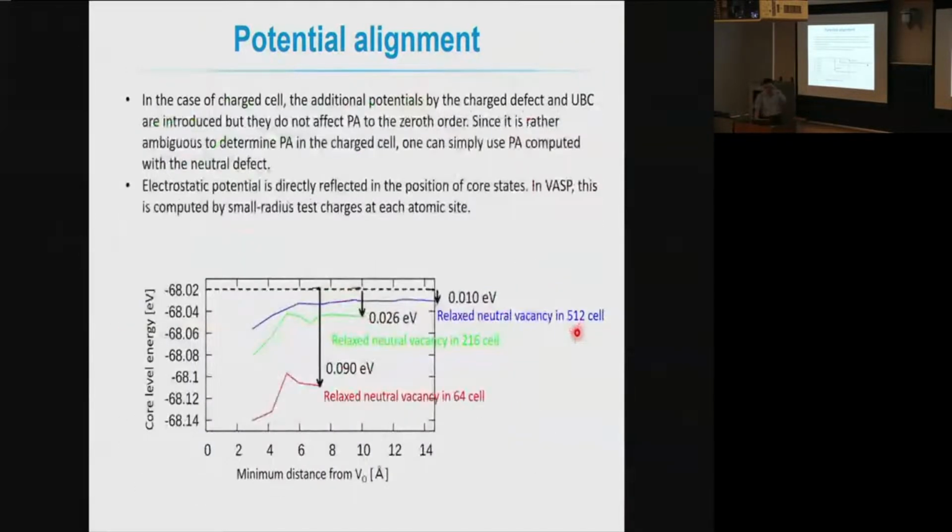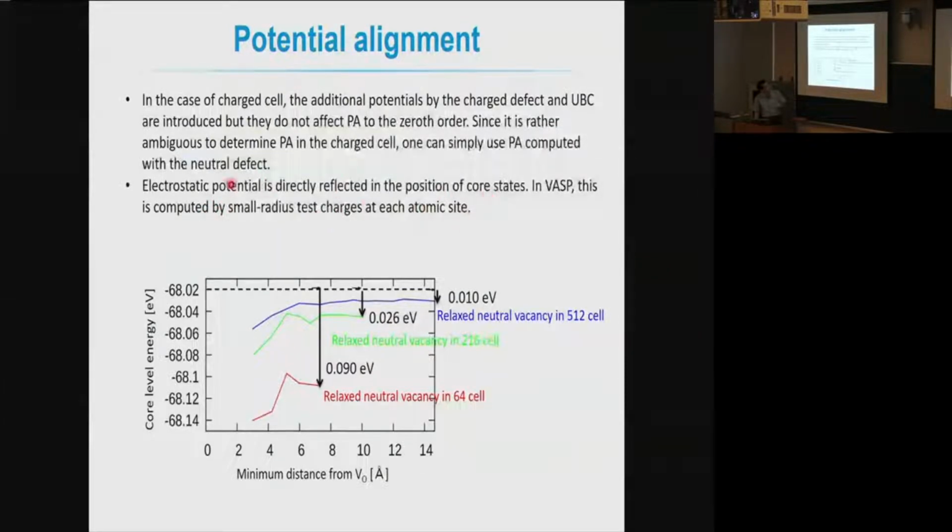So the correction of this misalignment is called the potential alignment. This can be calculated most handily by looking at the so-called electrostatic potential at the core state.